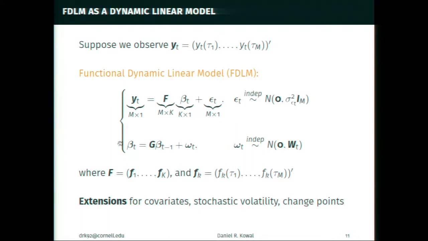So this looks like a fairly straightforward dynamic linear model or a state space model, right? I have my evolution equation down here, the beta_t. And that could be a vector autoregression. It could be something simpler, like a random walk if G is the identity. And because we're operating within this dynamic linear model framework, we can extend to things like covariates, stochastic volatility, change points, important things for broad applicability.